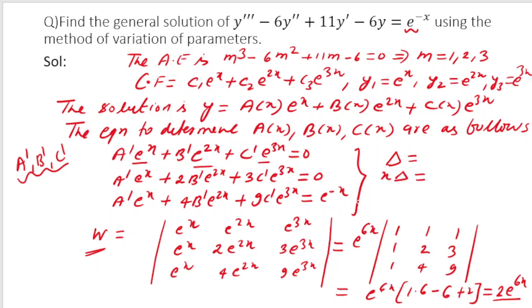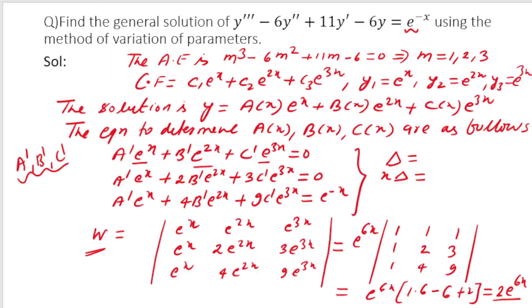And what is delta into a dash? Let me go to the next page. Now I am going to solve it for delta into a dash. You replace in this delta the first column, because a dash is the coefficient there, so this column will be replaced by the right hand side.